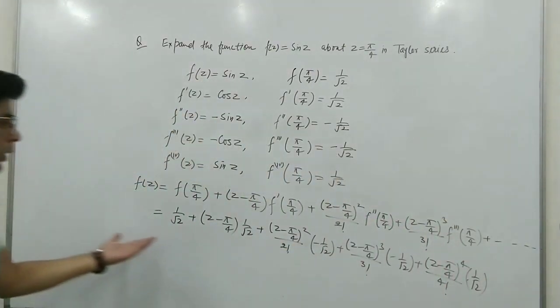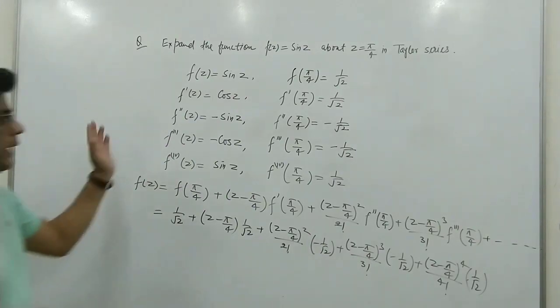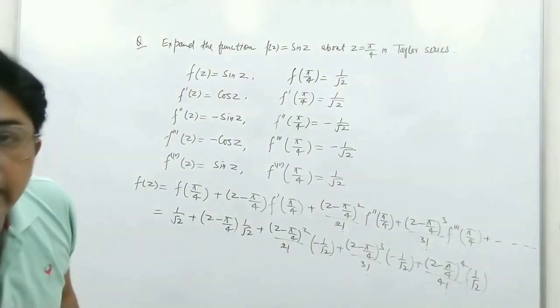Okay, so we can take 1 upon root 2 common from all these terms, and the remaining expansion we can write like this.